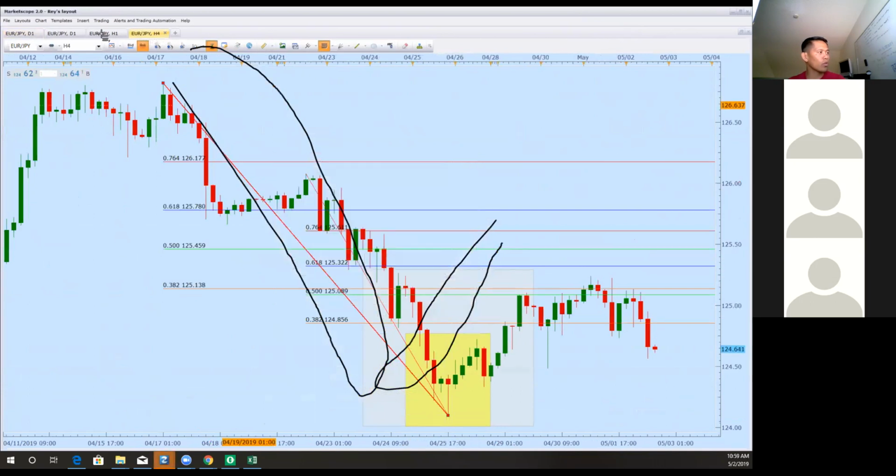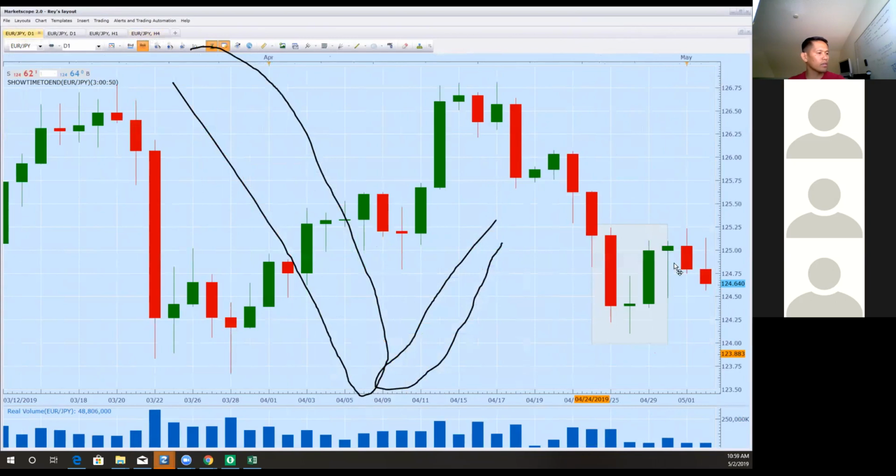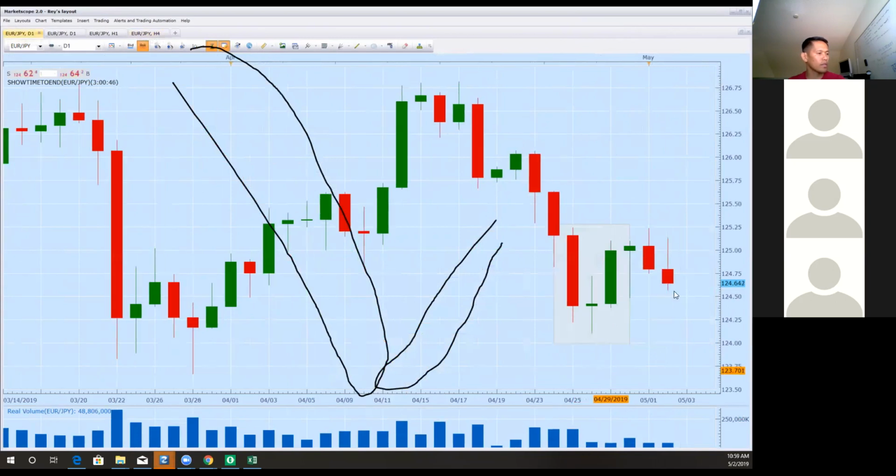So in order for a Morningstar pattern to work, I would need another higher low somewhere, sometime in the future. And that's why this one failed. It didn't want to continue. It's correcting from this impulsion and this impulsion, so you need another proper higher low in order for this to actually continue to the upside.